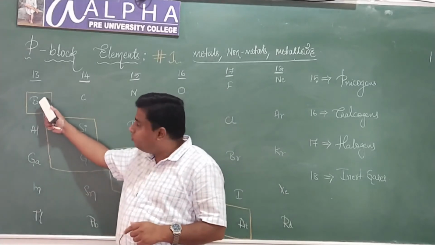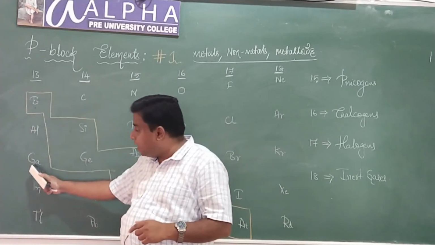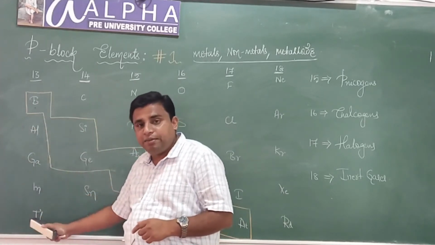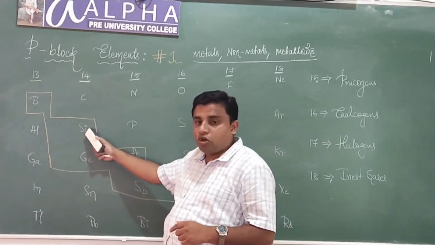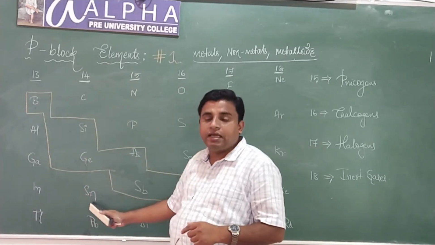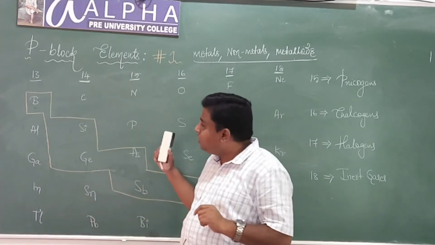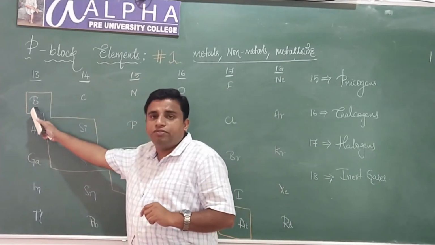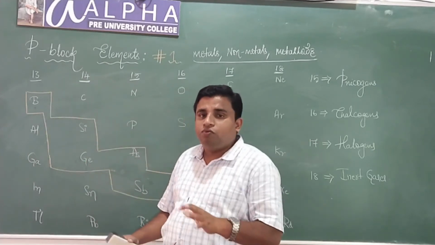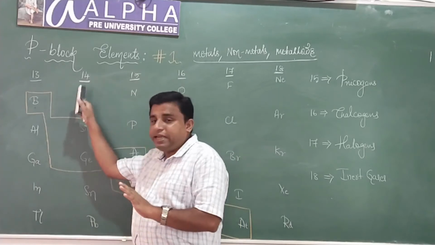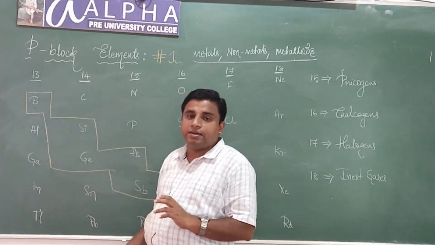Which are the elements of group 13? We have boron, aluminium, gallium, indium and thallium. Which are the elements of group 14? It is carbon, silicon, germanium, tin and lead. Here we will study group 13 separately and group 14 separately.